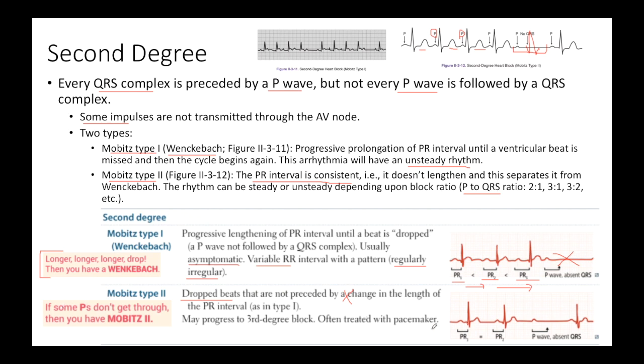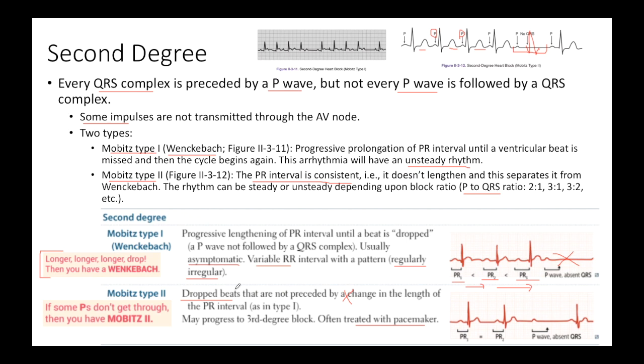This particular condition is often treated with a pacemaker because it is a little more serious, because these beats are random. It's not regular. Something is causing the electricity to fizzle out in the bundle of His and not be able to move on into the Purkinje fibers for the QRS complex to do its thing.